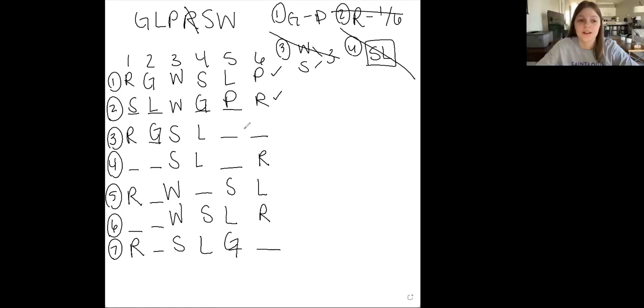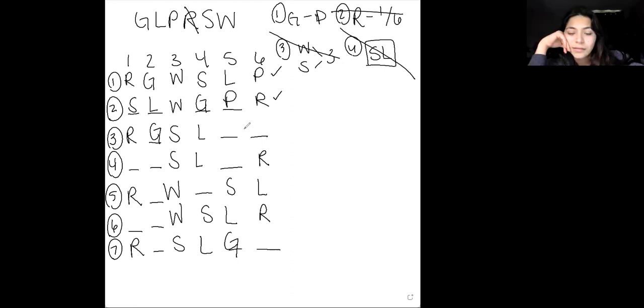We can do a shortcut, and you will be able to do this one. What other variable are we missing? We're missing W, right? Yes. Where can W go?